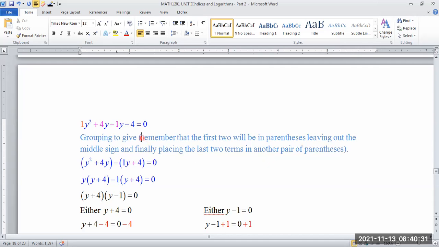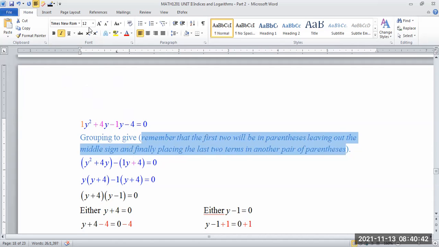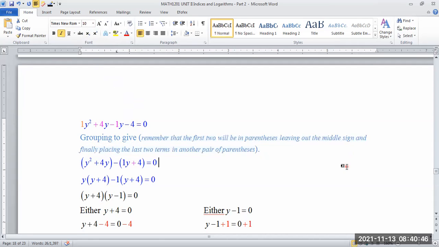All right, so it's very important that you remember that, and I will highlight something because I want you to see something here. Leaving out the middle sign.